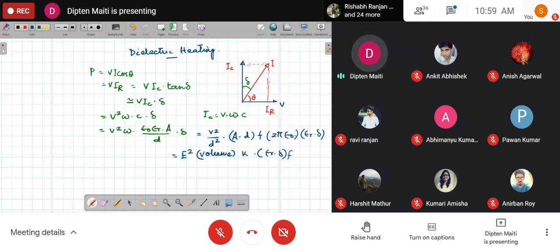So the voltage across the dielectric would not remain constant as you move inside the dielectric. At a certain point there will be zero voltage, then the voltage increases, then once again it comes down, and you will find a voltage zero somewhere. Due to that, the power produced at different points of the dielectric would be different.